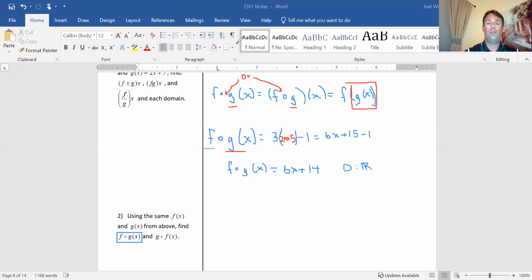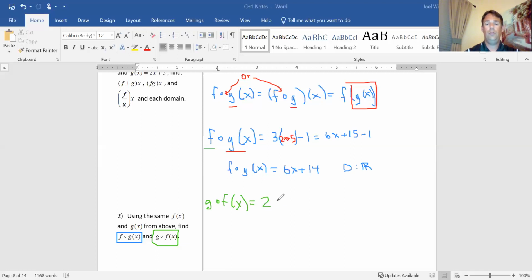All right, why don't you guys go ahead and pause the video, and on your own figure out what g of f of x is. All right, hopefully you got a chance to do that. So g of f of x, this means I'm going to start with my g function on the outside.